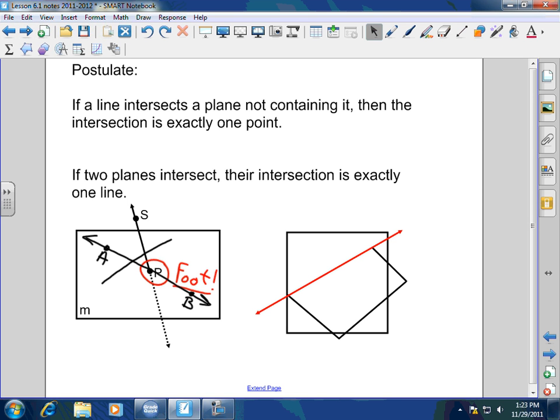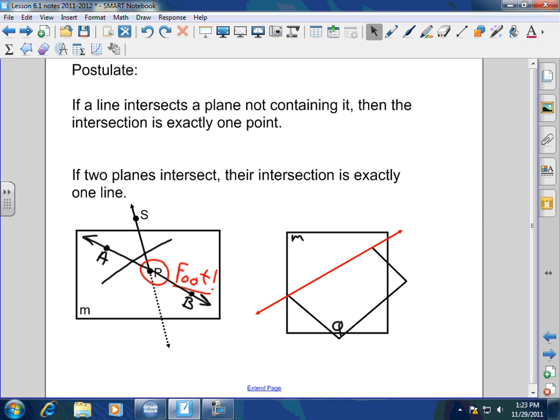So I have plane M here and plane, let's say, Q over here. Plane M and plane Q intersect at the red line. You cannot see this as flat. You have to use your imagination, guys, and picture that plane Q is coming out towards you.